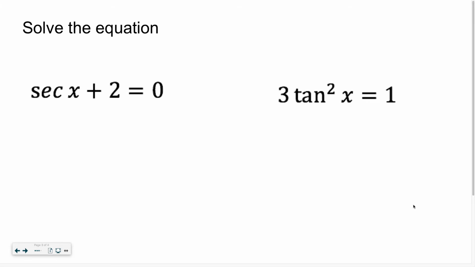Ooh, a secant x plus 2 equals 0. So, reciprocal trig, but still need to get it all by itself, right? So we're going to start by subtracting 2.